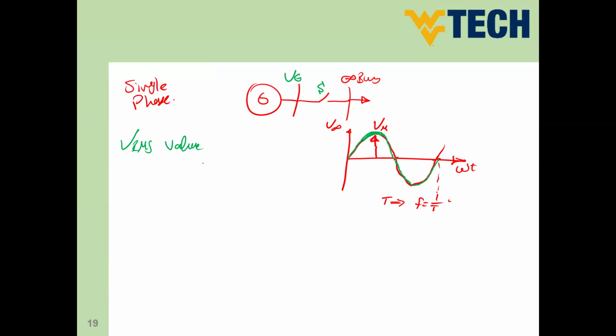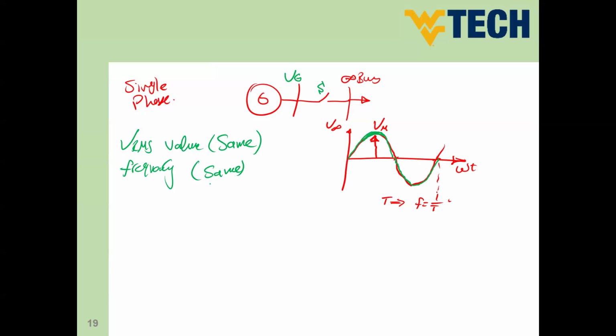But this is not enough because it could have the same RMS, but there is a phase shift. We don't need a phase shift. We need to have the equal instantaneous value. So in order to achieve the equal instantaneous value, we should also have the same period of time, which means the same frequency. So let's use the word same all of the time. Same means the value of the synchronous machine and the infinite bus. So same volt, same frequency.